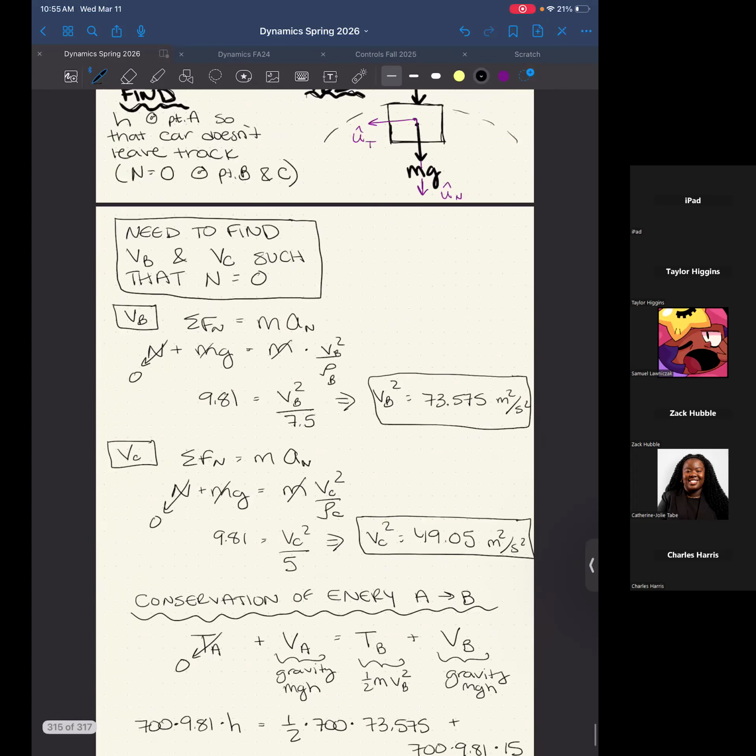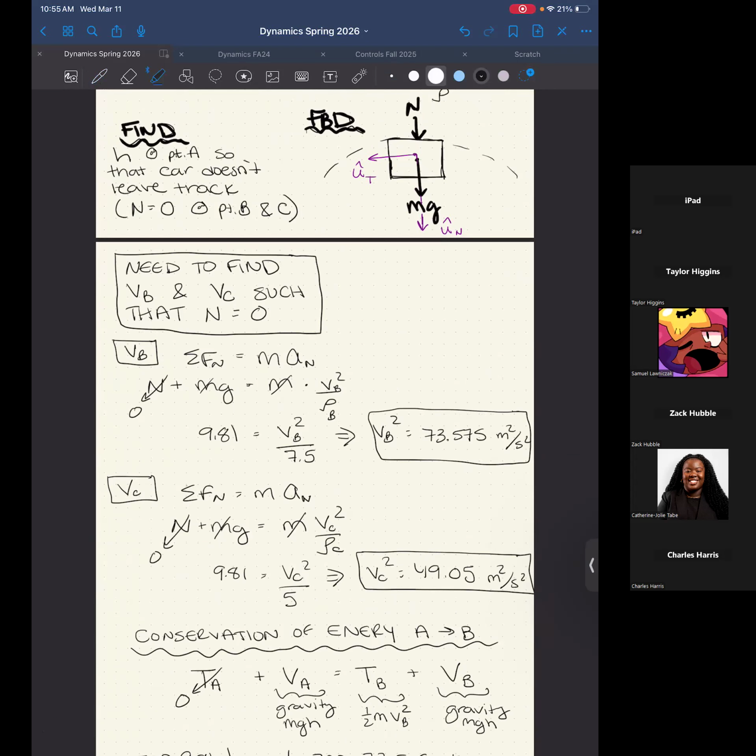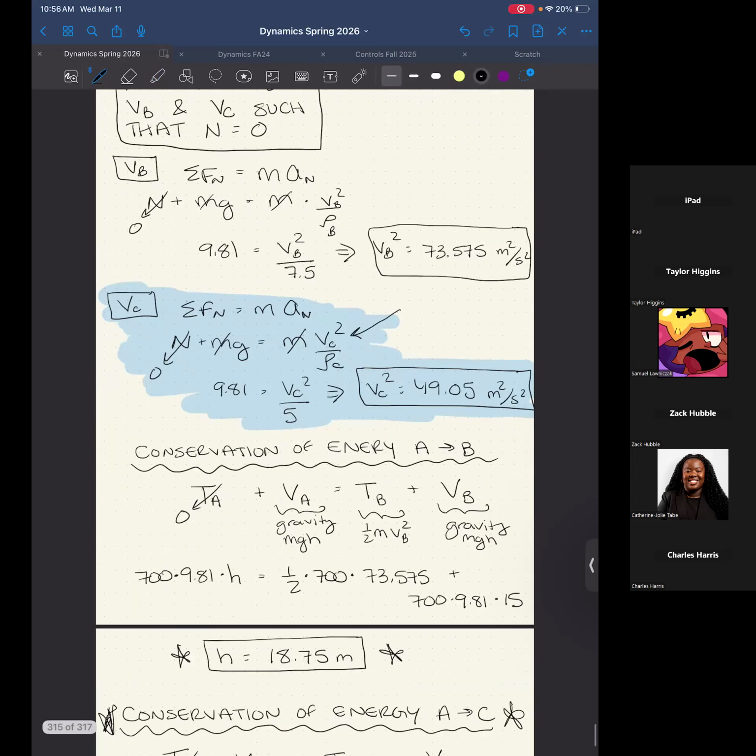And then we would need to go back to this line here, and instead of treating the normal as 0, we would treat the normal as unknown and plug in our new value of VC that we just solved for. Question, Samuel? No, that's good. Thank you. Does that make sense?